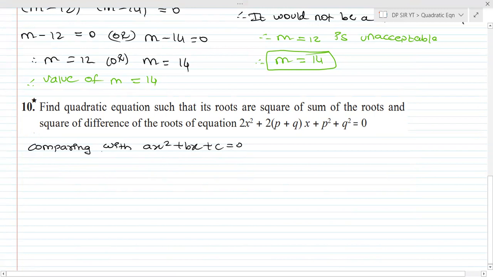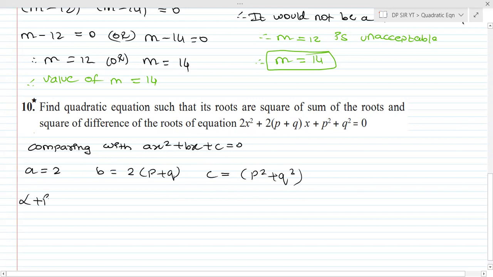Okay, here a is equal to 2, b is equal to 2p plus q, and c is equal to p square plus q square. Okay, I hope there is no query till now here.